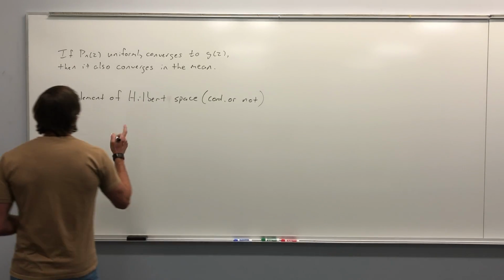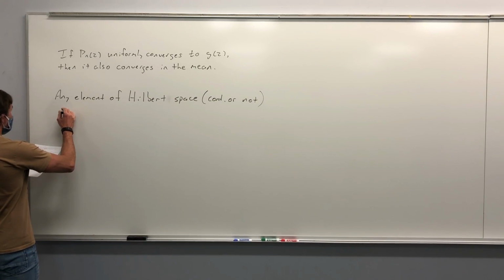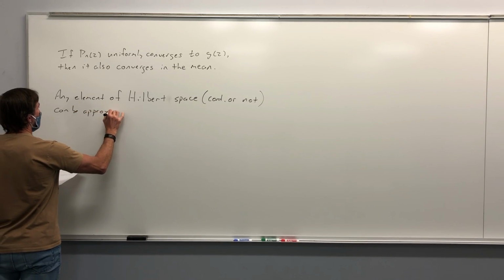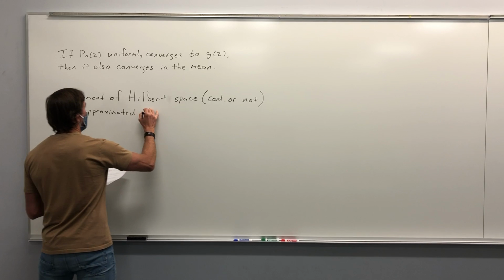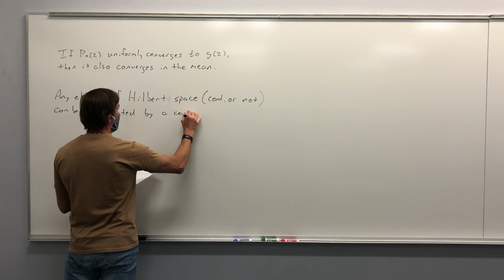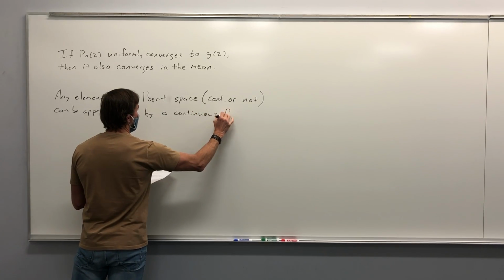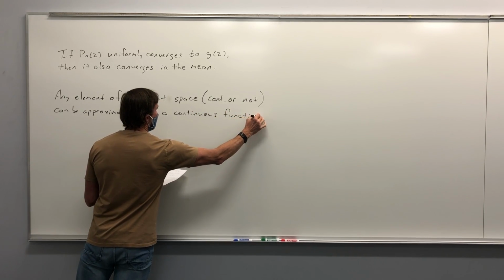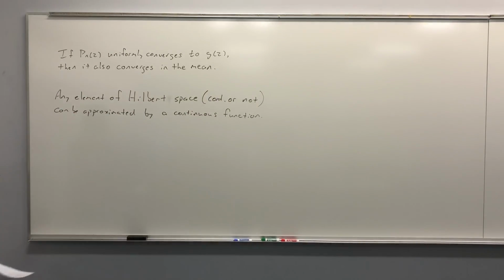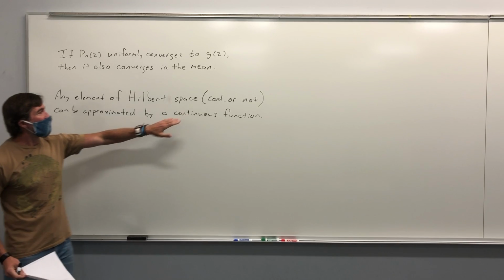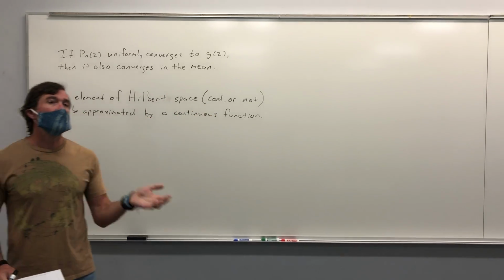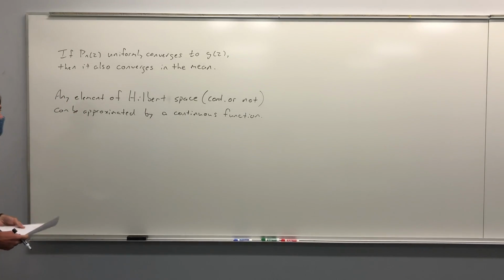But it turns out that any element of Hilbert space can be approximated by a continuous function. The proof of this happens way later in the book, and we're not going to go into it. But it's important to realize that even if you're dealing with a non-continuous function in Hilbert space, there is an approximation to it which is continuous.